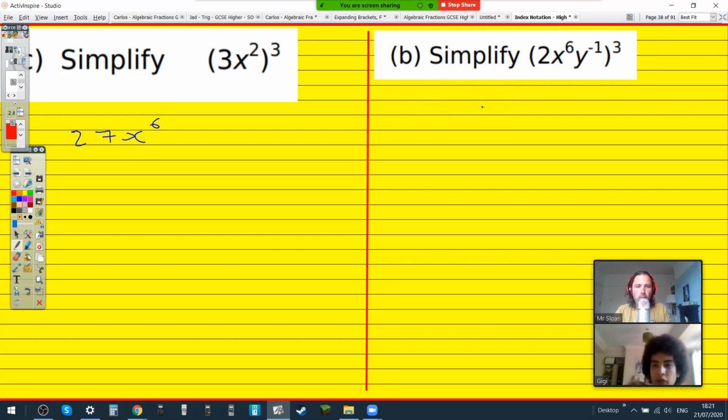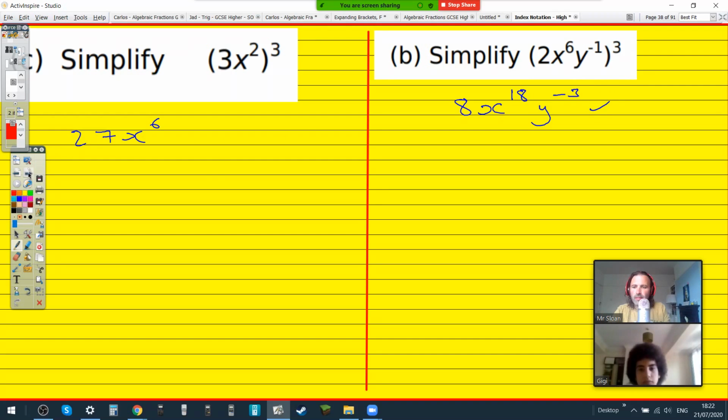6x on a 2 cubed. 8x to the power of 18 and y to the power of -3.